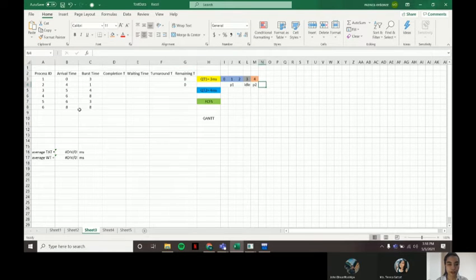And the next process that will arrive was process 3 at time 5, which has a burst time of 4 milliseconds. We have a quantum time of 3 milliseconds, so we only execute 3 milliseconds.